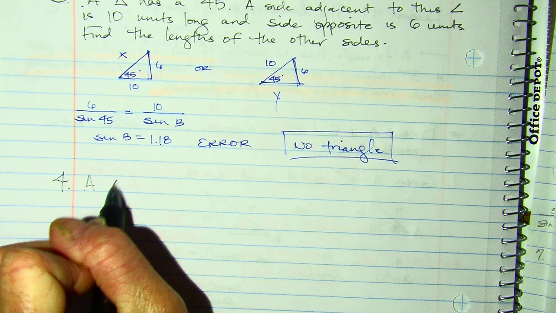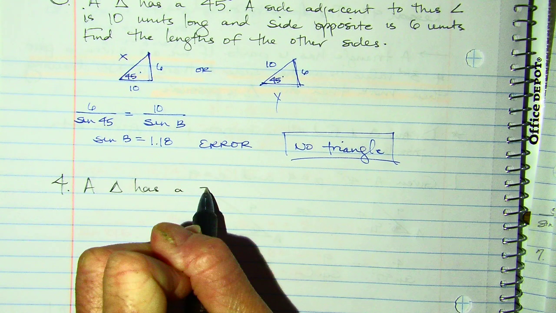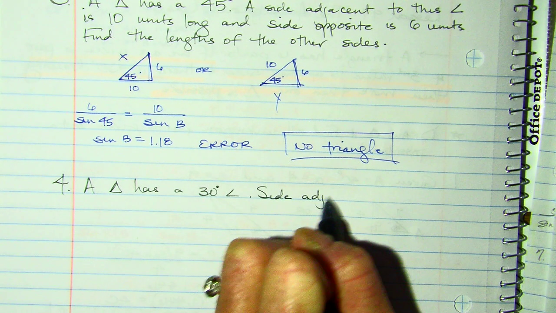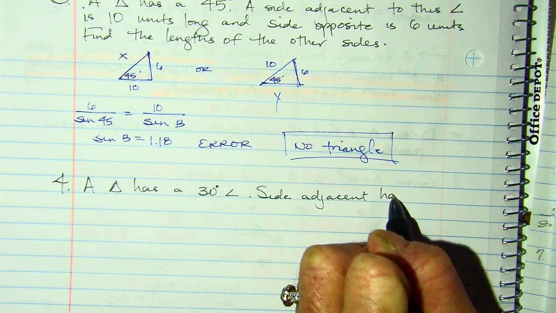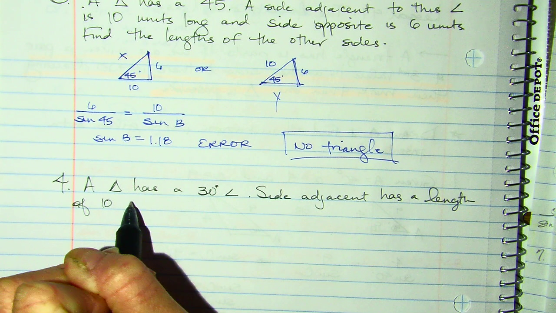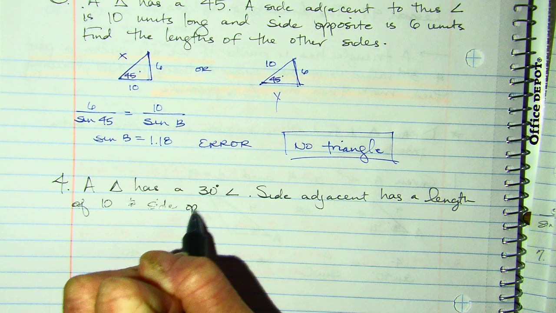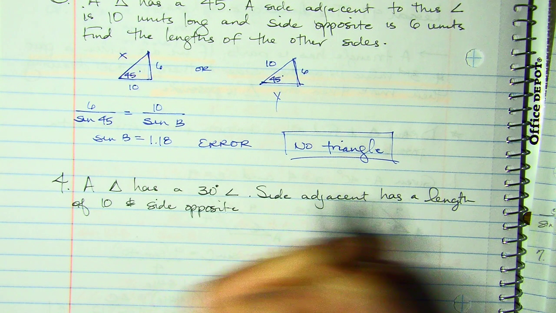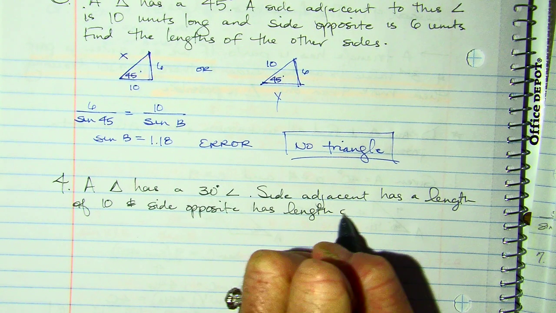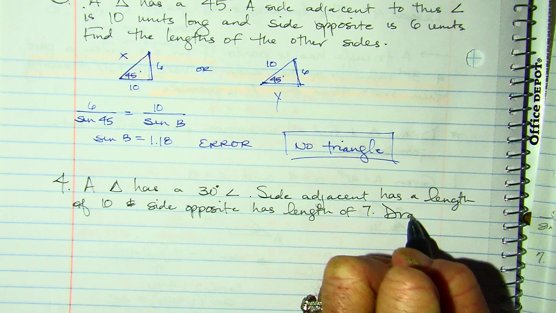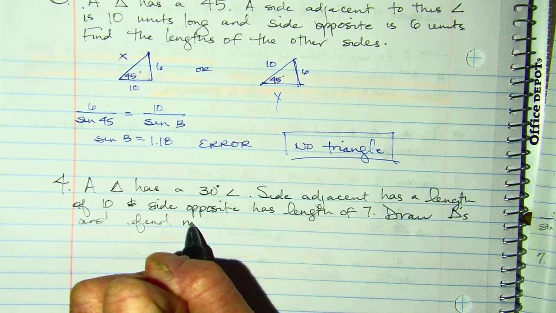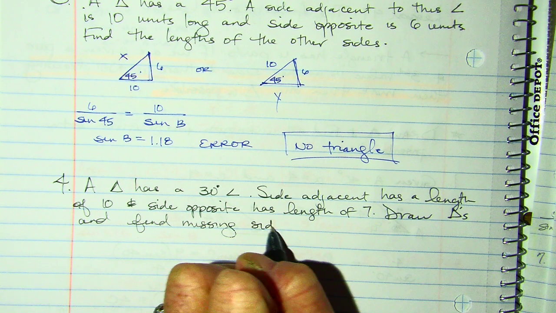So last one, a triangle has a 30-degree angle. Side adjacent has a length of 10, and side opposite has a length of 7. So draw triangles and find missing sides.